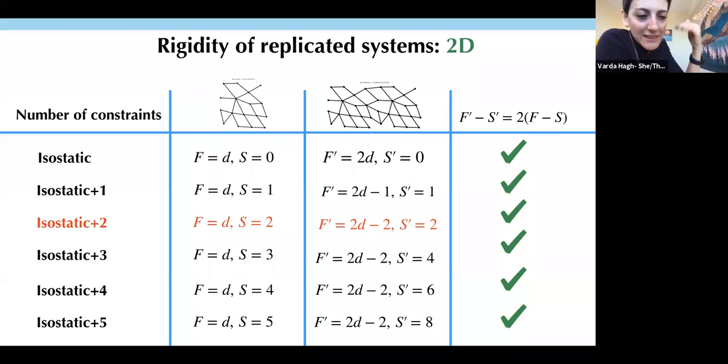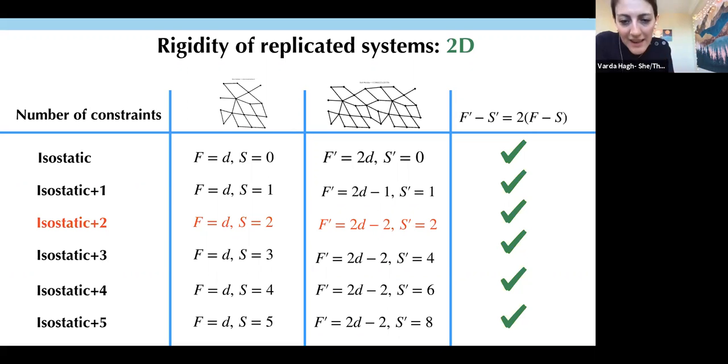But when we go to isostatic plus 1 state of self-stress, so f is equal to d, because this is a rigid system with only zero modes, and the only zero modes available to the system are the d translations. But now there is this 1 state of self-stress that makes the system basically jammed or stressed.